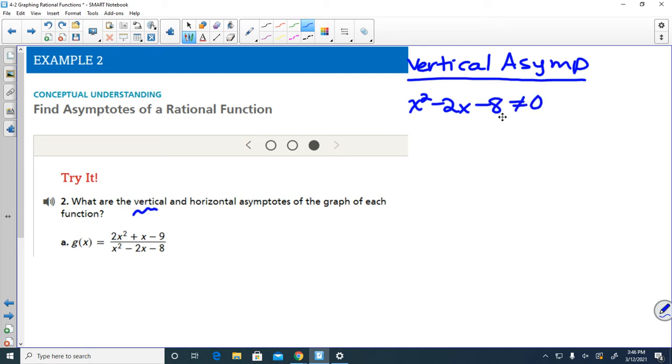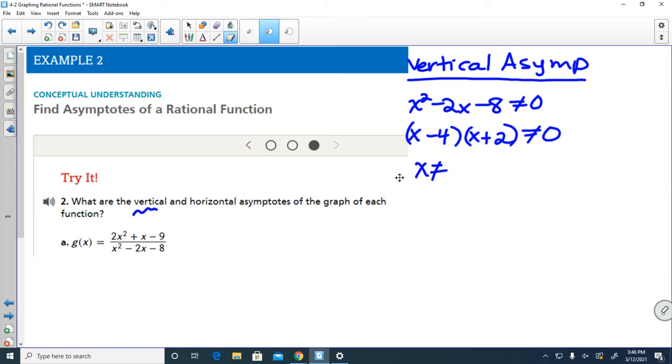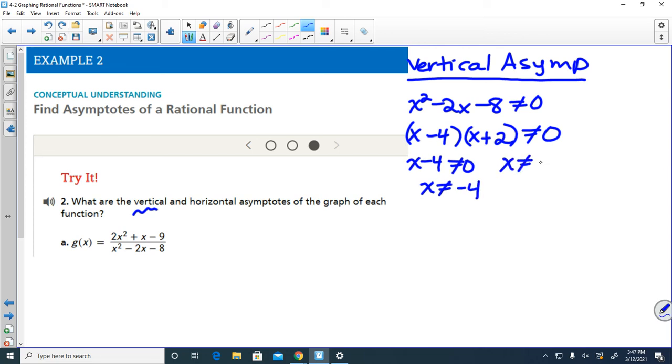And then I'm going to solve for x, like I was solving an actual equation. So I will factor this. x times x is x squared. Then I could have a minus 4, a plus 2. So then x minus 4 is not allowed to equal 0, and x plus 2 is not allowed to equal 0.